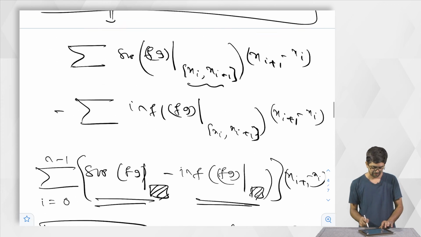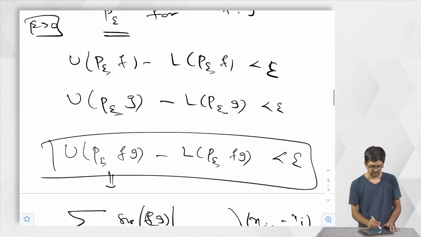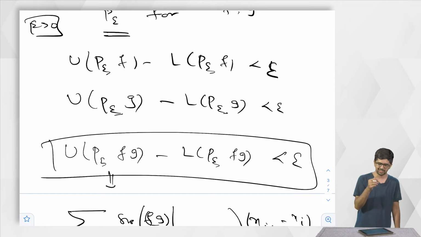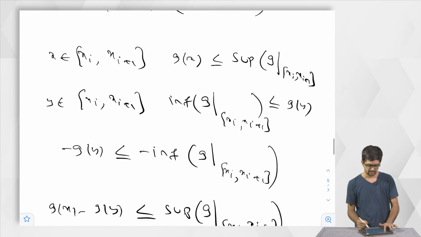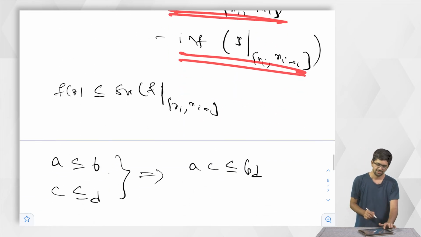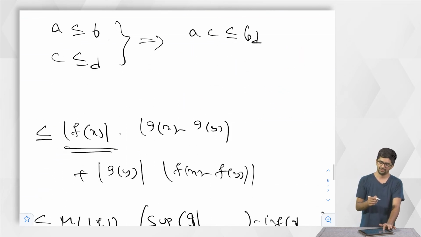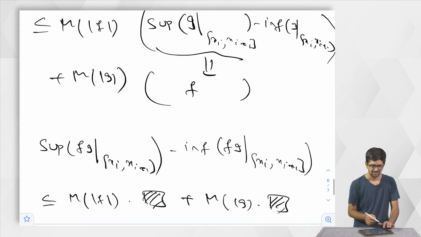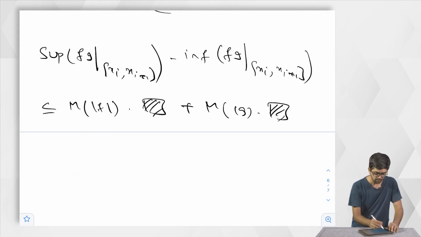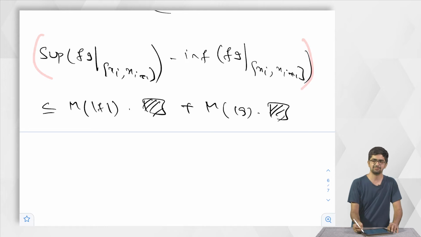Where is it? This. If I focus on one of the subintervals x_{i+1}, what we get is just this supremum of g minus infimum. Now suppose you add up all those indices, then you need to multiply this whole thing by the length of x_{i+1}.